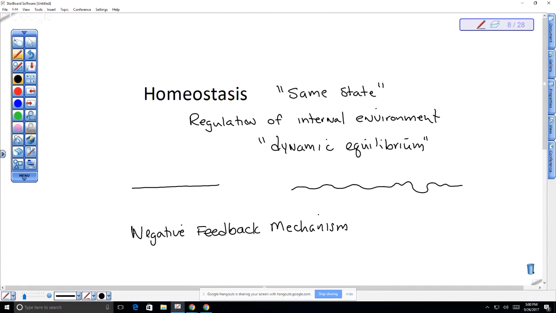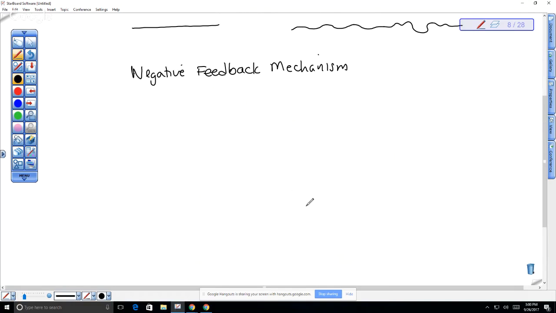Okay. So before you look at that, I want to talk a little bit about the components of the negative feedback mechanism. So in the middle, write set point somewhere in the middle of your page.